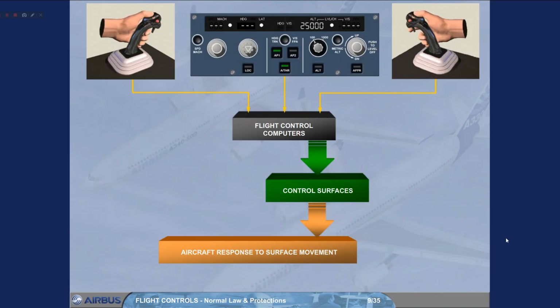Remember, the A330 A340 responds conventionally to the movement of control surfaces. However, unconventionally, the response information is fed back to the flight control computers.